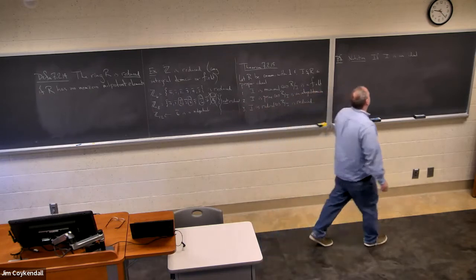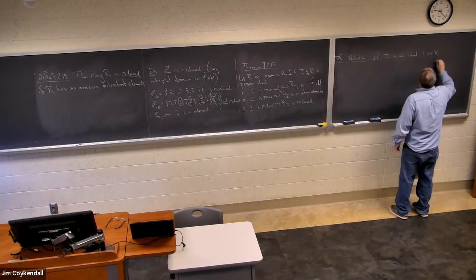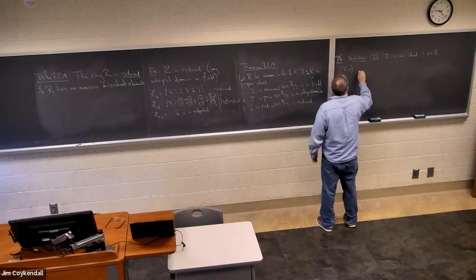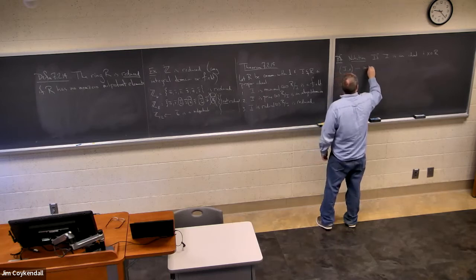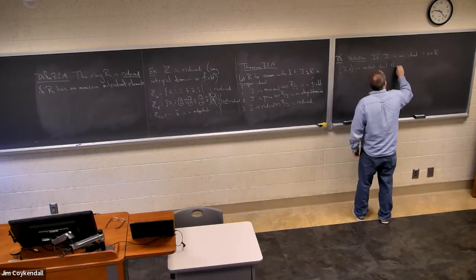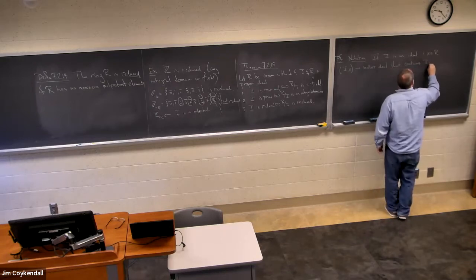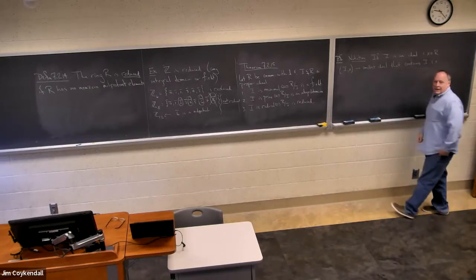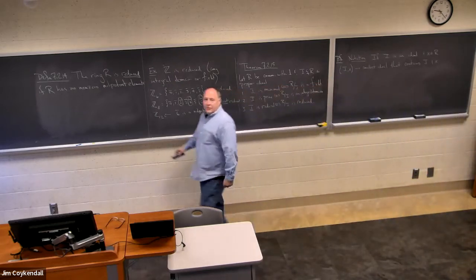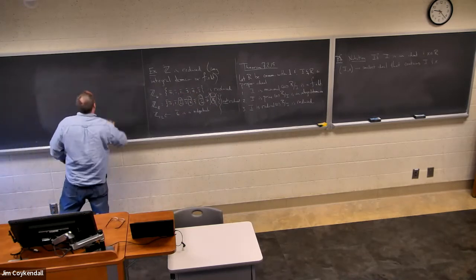If I is an ideal and x is in R, this notation is the smallest ideal that contains I and the new element x. Let me draw you a picture of this, and then I'll make it a little bit more formal.